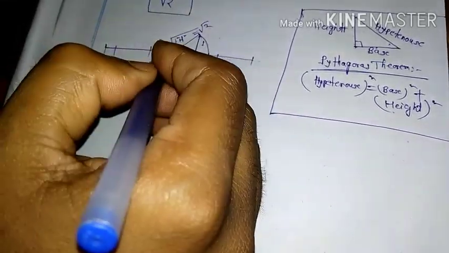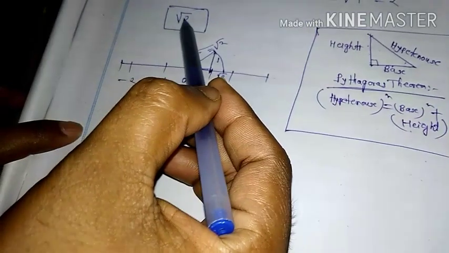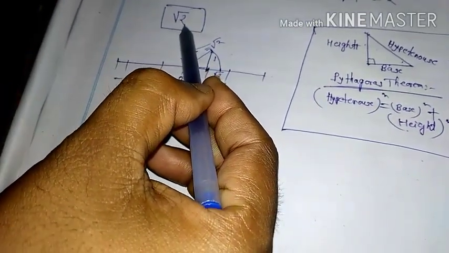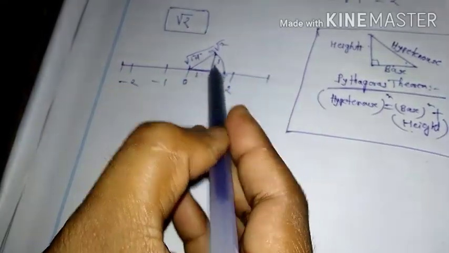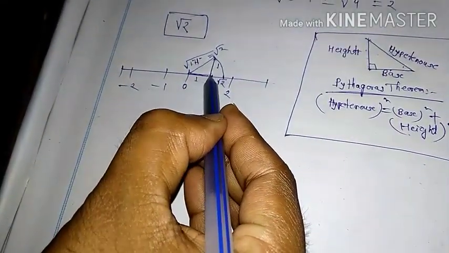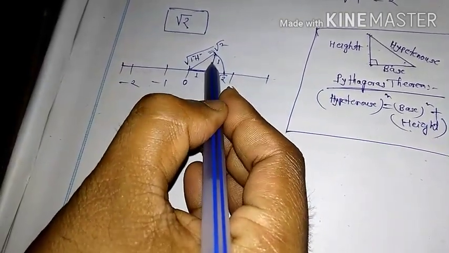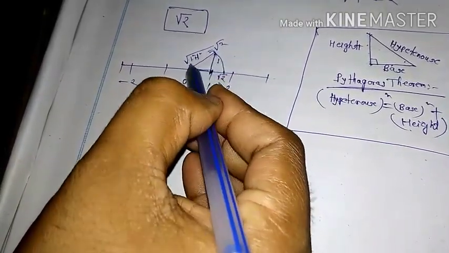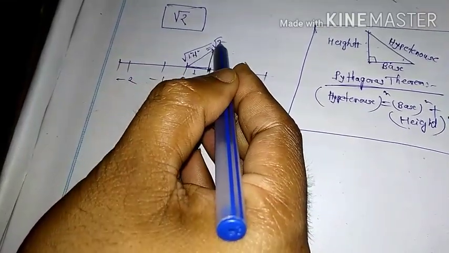So what was the process? First we note that to locate root 2, we first have to locate root 1, that means 1. That's why I first located 1, then drew a perpendicular of length 1. Then the length of the hypotenuse is root of 1 square plus 1 square, equal to root 2.